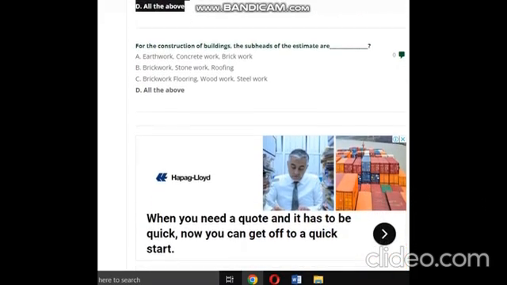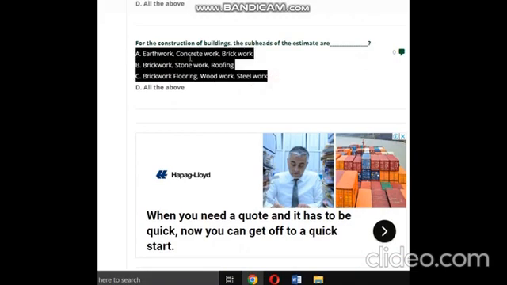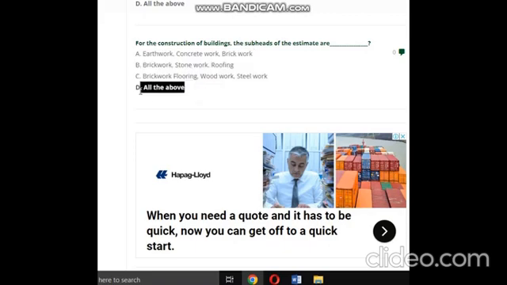For the construction of a building, the subheads of the estimate are all of the above: earthwork, concrete work, brickwork, stonework, roofing, flooring, woodwork, steel work.